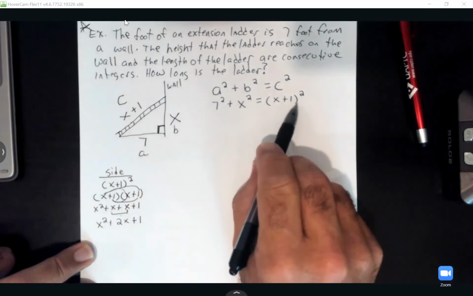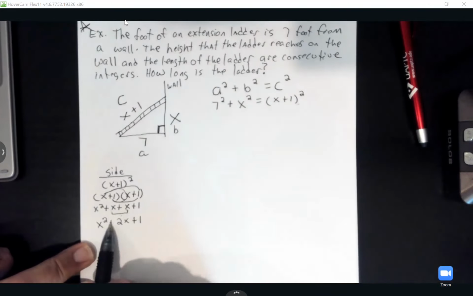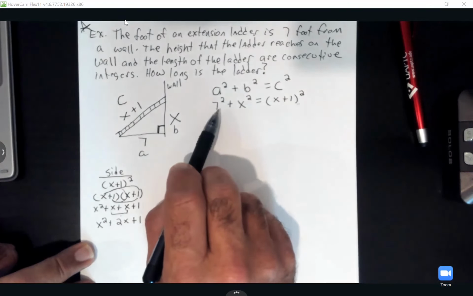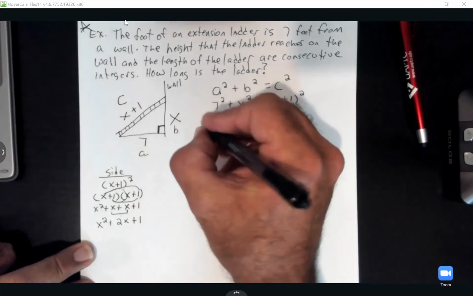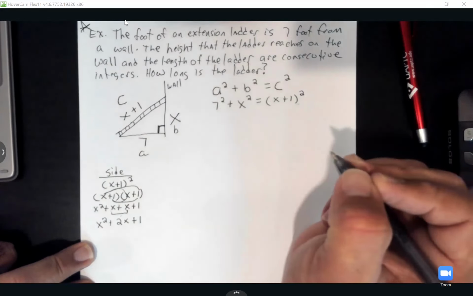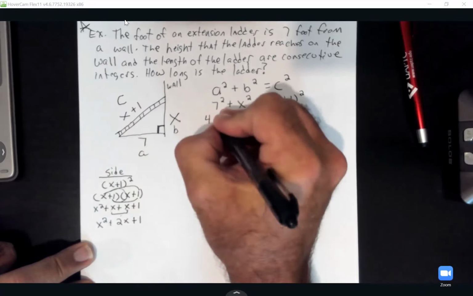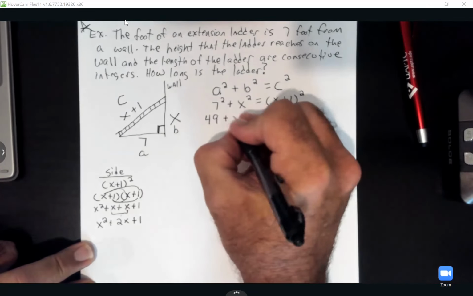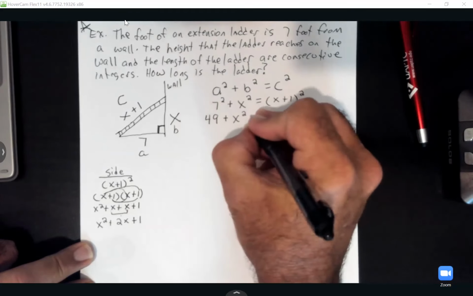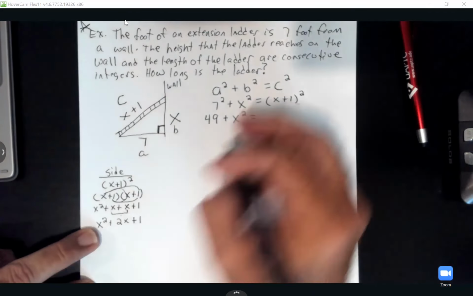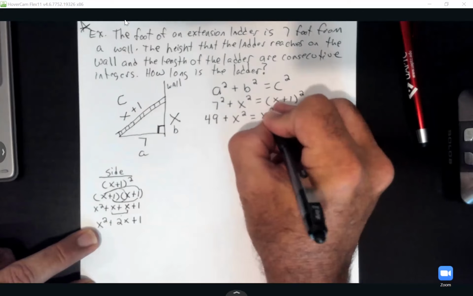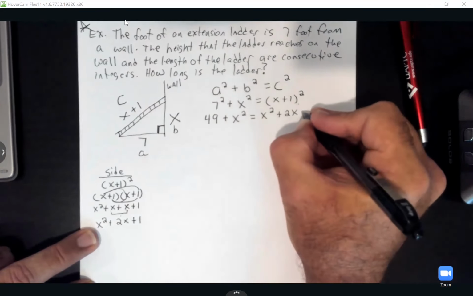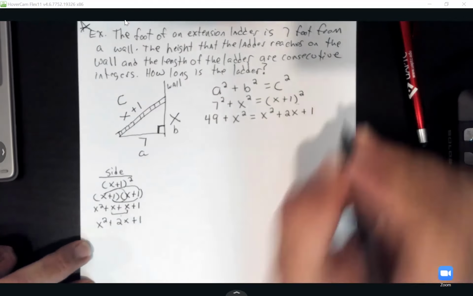So now we can replace the right side with this. So first of all, 7 squared. What do y'all got? 7 times 7? So I get a 49 plus my x squared. That's going to equal the right side, which is now x squared plus 2x plus 1.